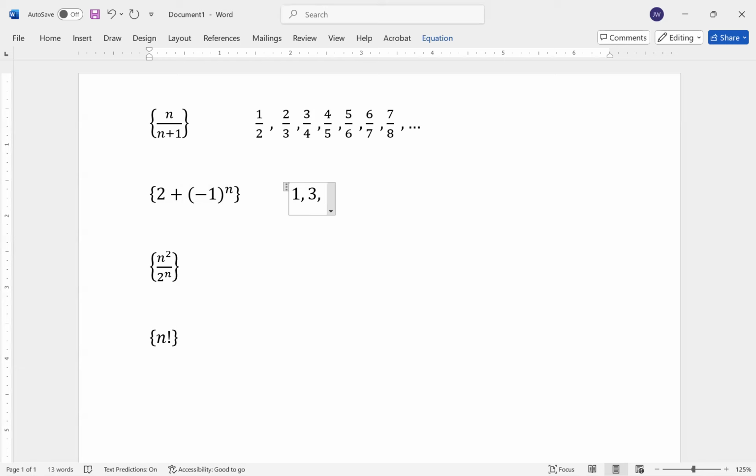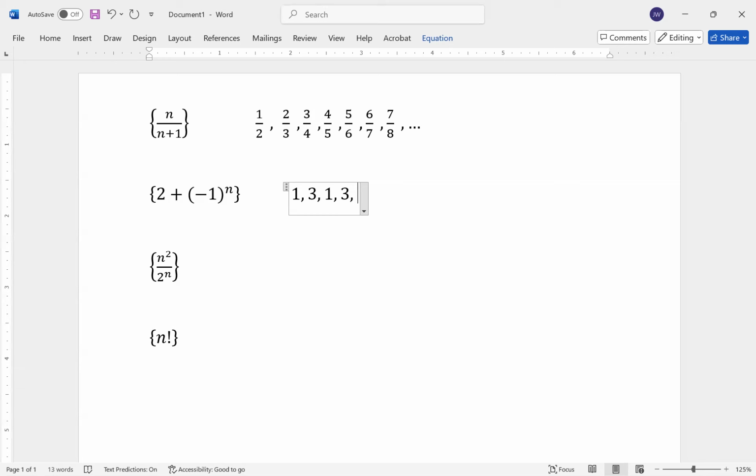When I use the exponent of 3, so when I plug in a 3 into n, -1 to the third power is still -1. And I'll get 2 plus -1 again, which is again 1. When I plug in 4, -1 to the fourth is a positive 1, so that's just 2 plus 1, which is 3.